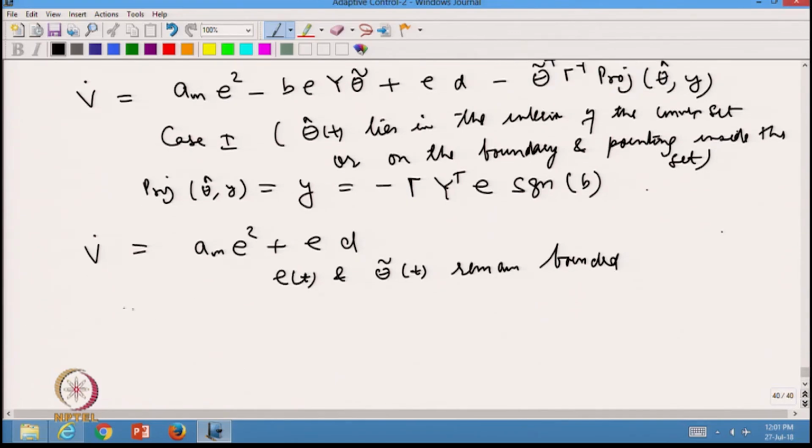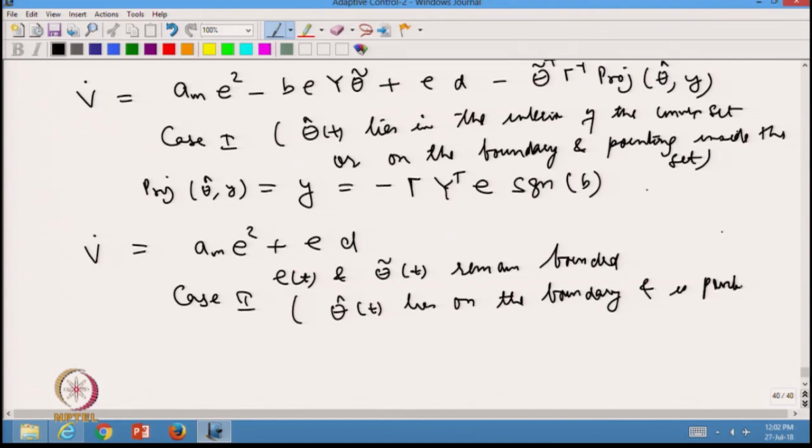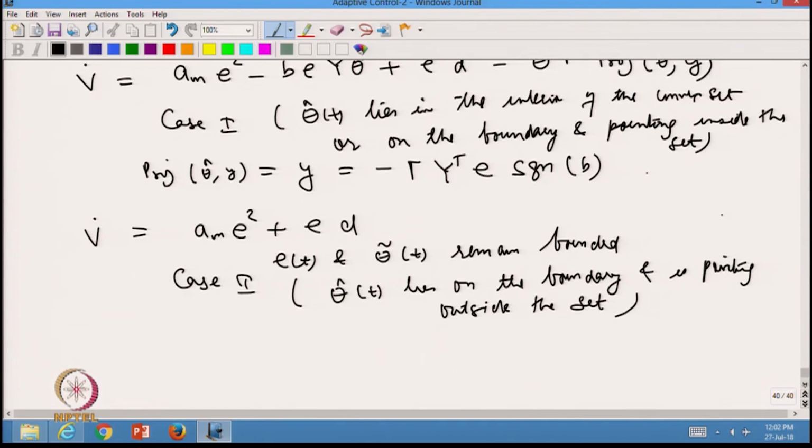Now let us talk about the more interesting case, which is case 2. That is the case where theta hat of t lies on the boundary of the set and is pointing outside the set. So the derivative is pointing outside the convex set. That is the forbidden region that we want to prevent here.